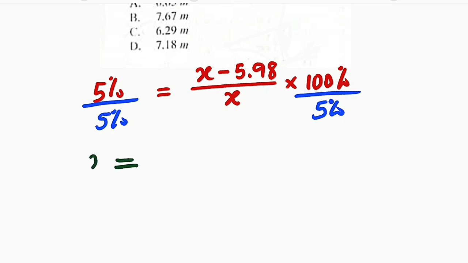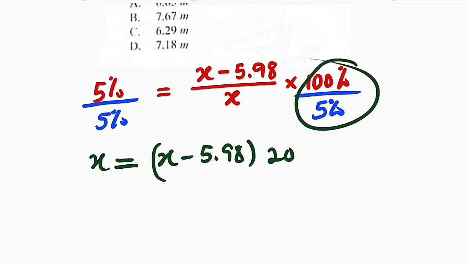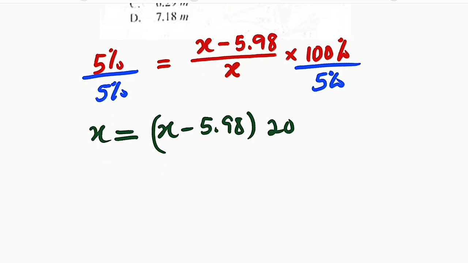So X times 1 is X. This is equal to X minus 5.98 multiplied by 20, because 100% divided by 5% is 20. Then you can expand this. X equal to X times 20 is 20x minus 5.98 times 20 is 119.6. So we make X the subject.